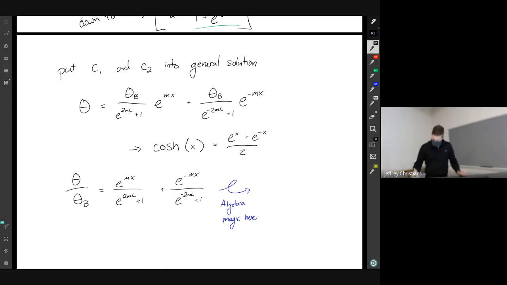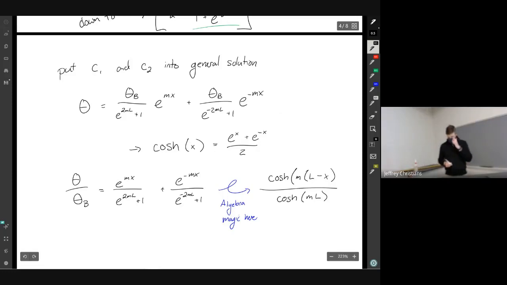That would go to cosh of m times L minus x, divided by the cosh of mL. So it actually simplifies down quite a bit.